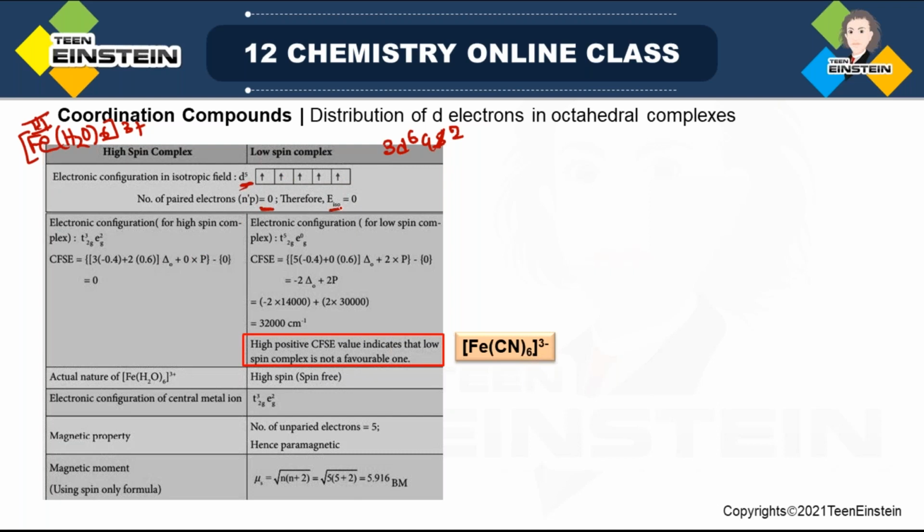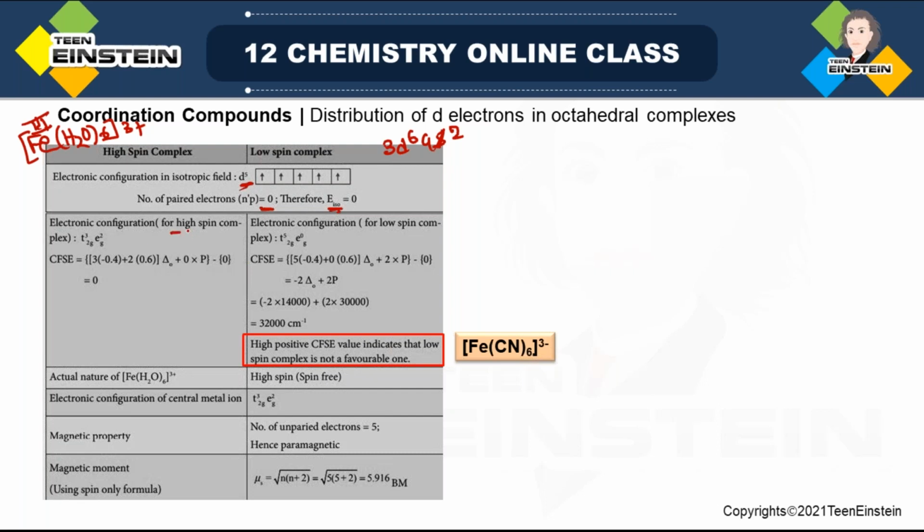So this is basically E iso. Iso means isotropic field. Suppose there is a homogeneous negative charge field surrounding the metal, then all these d orbitals will be degenerate, and it will be this type of configuration. But actually that doesn't happen. So two situations we will see, because when it is a d5 system, you can have two possibilities, high spin and low spin.